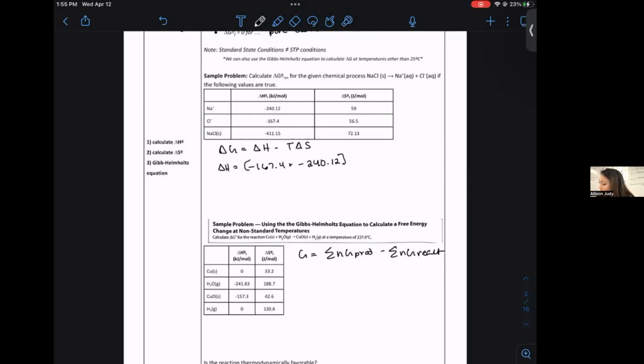Okay, that's the products minus the reactants, NaCl solid, H, which is minus 1 minus 4, 11.15. And you would have gotten that the H for this process is 3.87 kilojoules per mole.